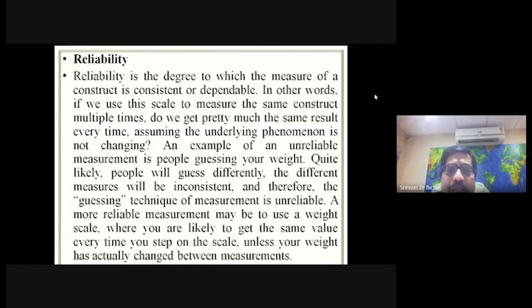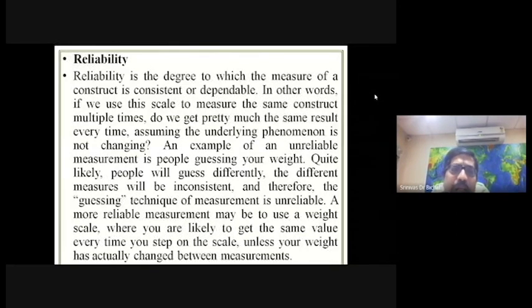And a guessing technique for measurement is unreliable. A more reliable measurement may be to use a weight scale. When you stand on a weight scale, you get the same weight again and again. If it is not zero corrected, many times the weight scale may be 5 or 10 kg more or less. It may be minus 5 or plus 5.